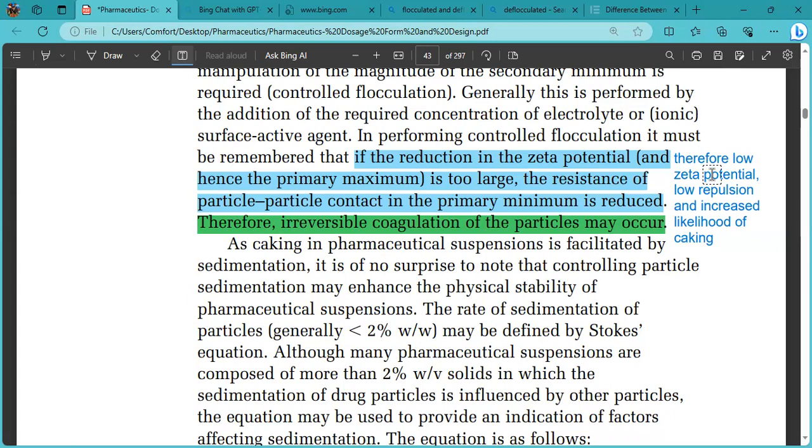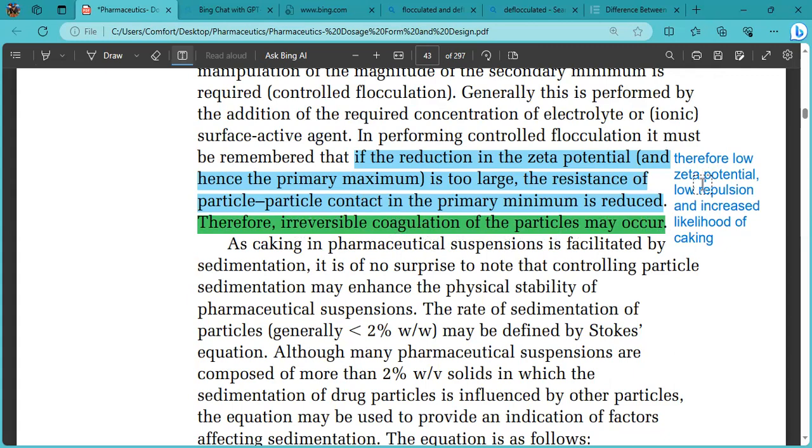If you have a low zeta potential, then there is low likelihood of your particles repelling each other. And if they do not repel each other, when they start settling at the bottom they'll easily coagulate, forming irreversible coagulation of the particles.